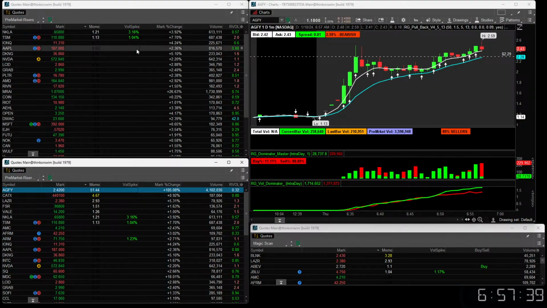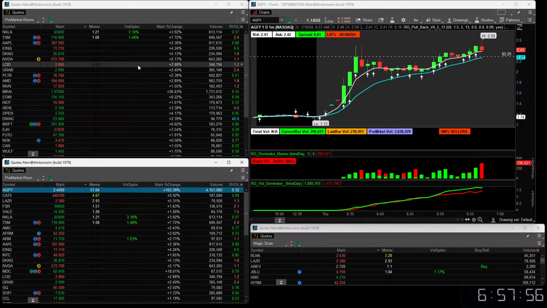The EMAs are 5 and 13 EMA. That's what I use for scalping. They're the fastest moving of the indicators. I could use a 3, but that's too quick for me. 5 and 13 works fine.